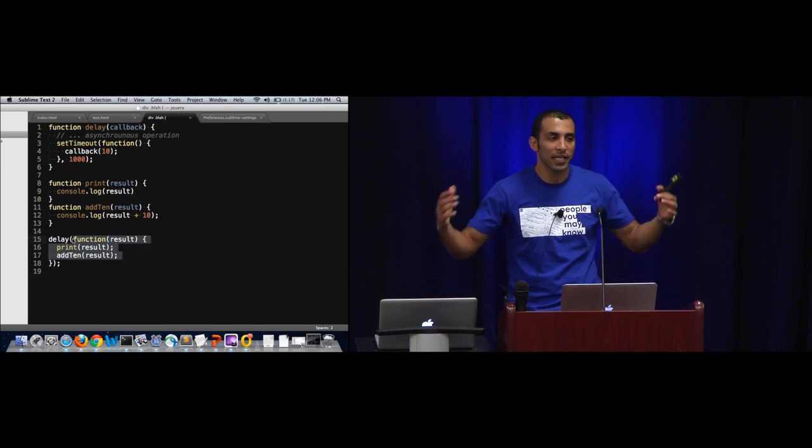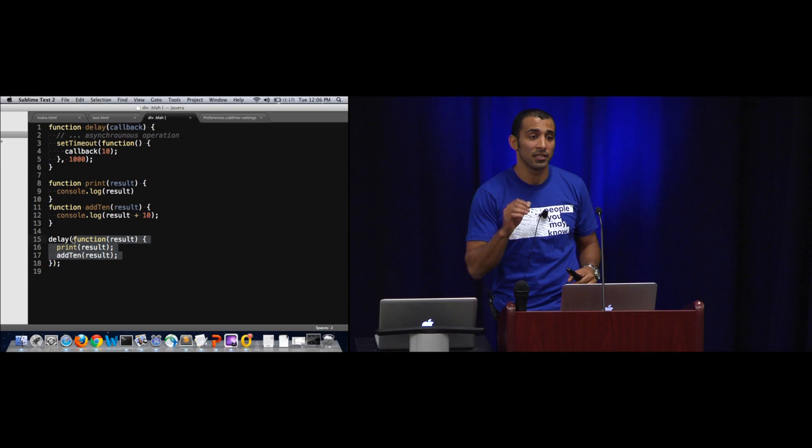It's kind of ugly, and this is a problem, right? Especially when you want to have independent operations, so operations that have nothing to do with each other, you essentially couple them inside of a callback function. That is ugly.